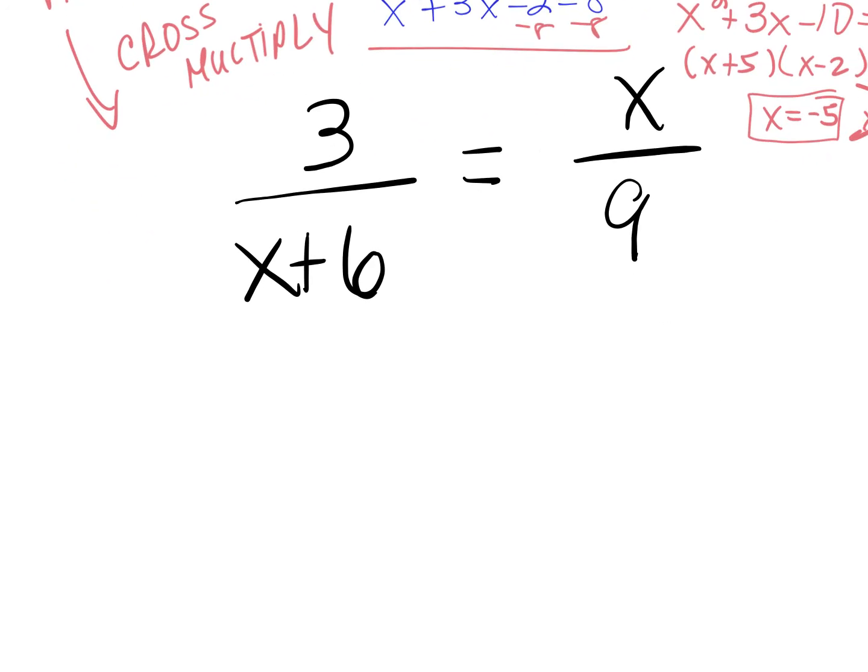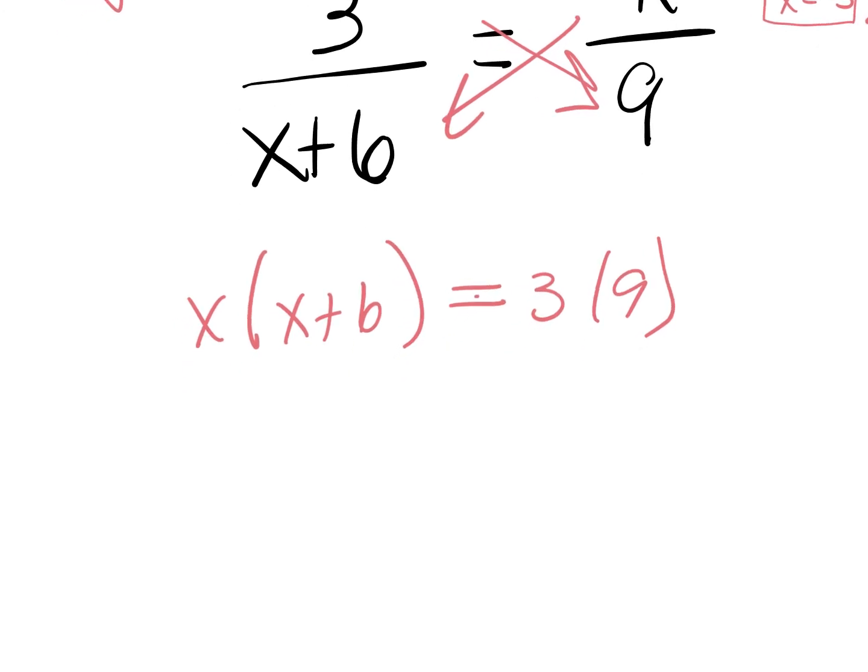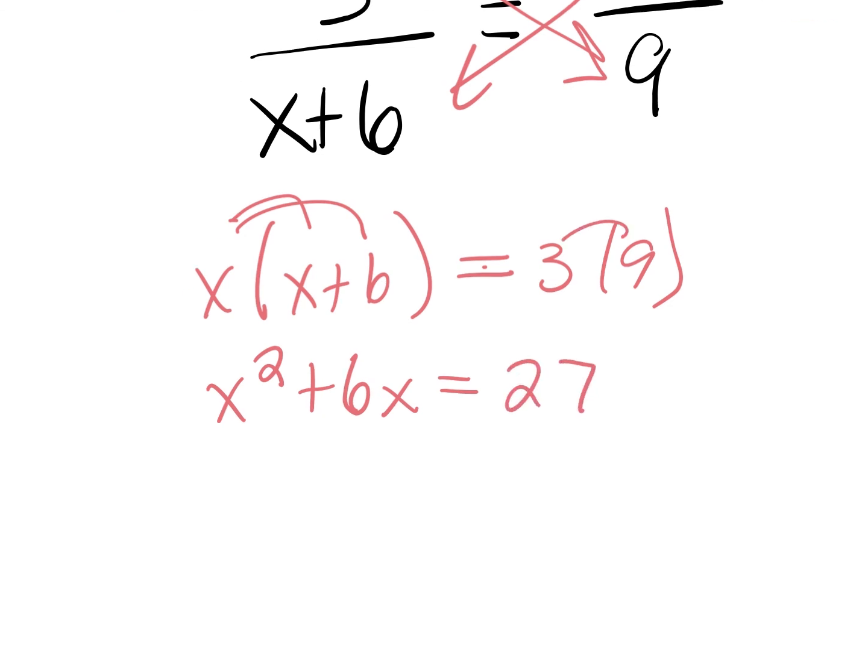So if I cross multiply here, I have x times x plus 6. You guys see that? Now we have equals. Cross multiply here, I have 3 times 9. You guys with me? So x times x is x squared. X times 6 is 6x equals, what is 3 times 9? 27.